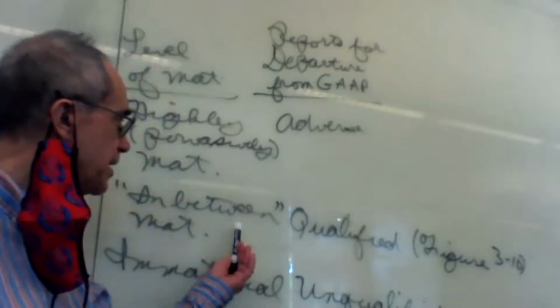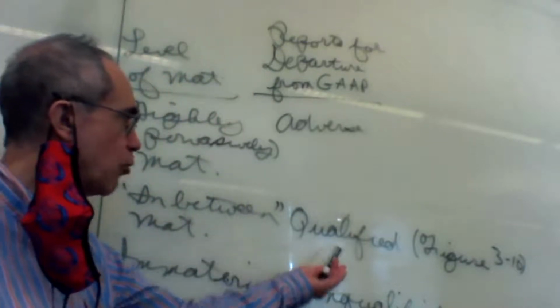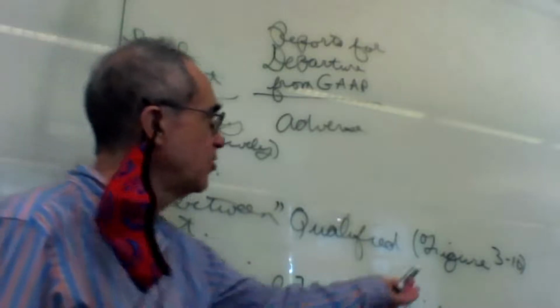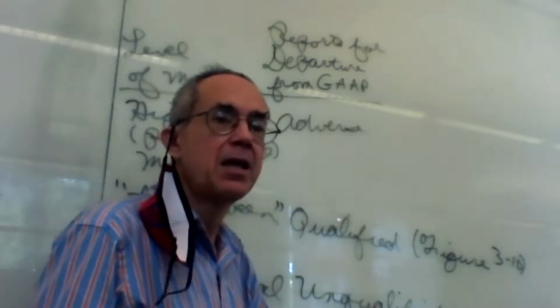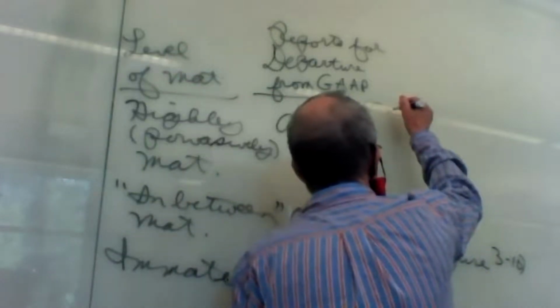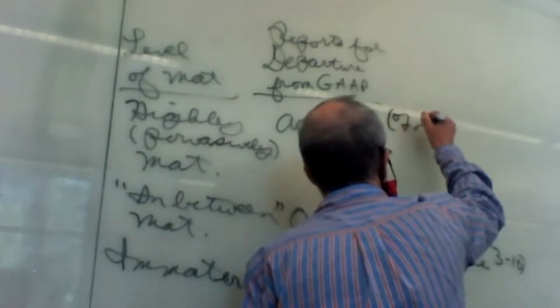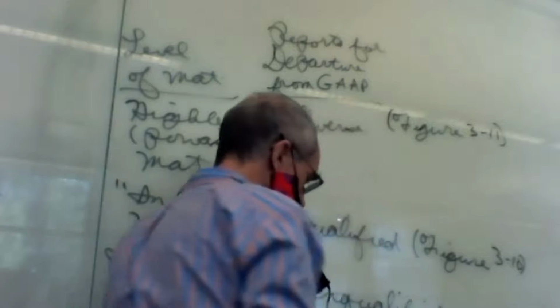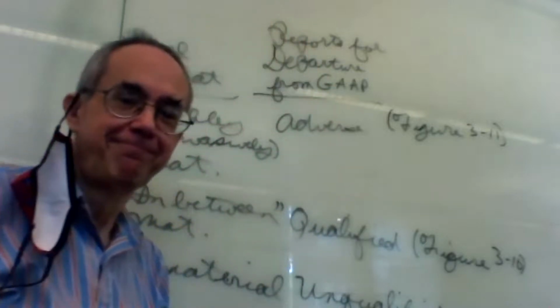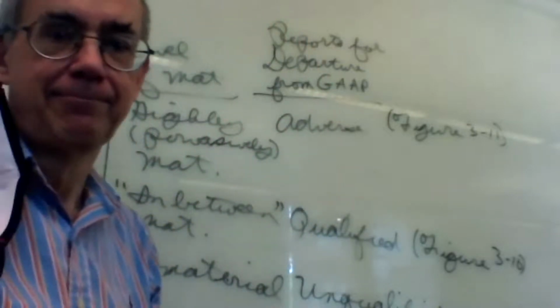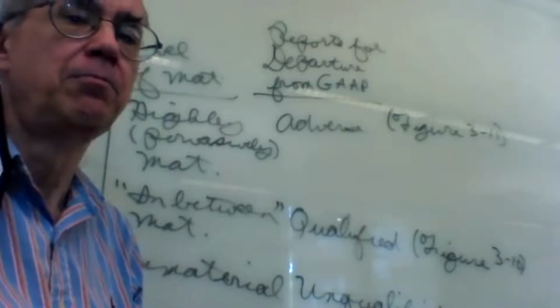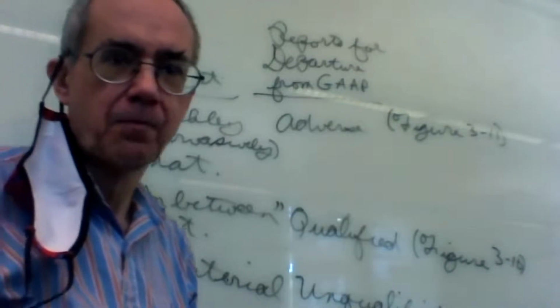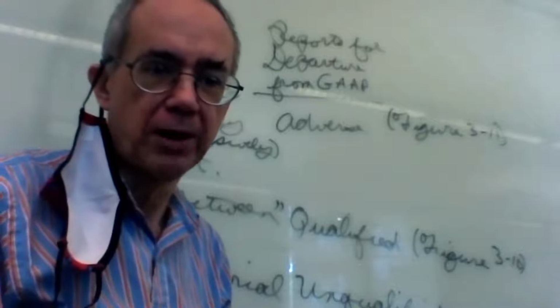There we go. Again, the in-between material phase, a qualified audit report, that's illustrated in figure 3-10. And in just a moment, we'll go over figure 3-11, which will be for the adverse opinion. Okay, let me go back to sharing.